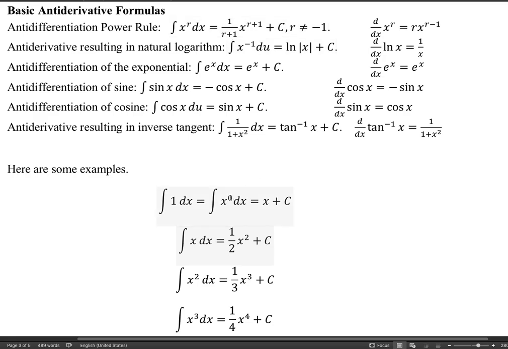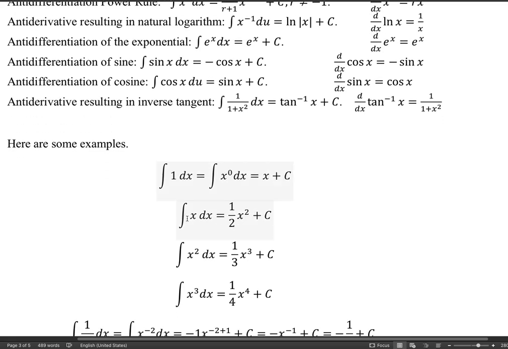Increase this power 0 by 1, that's x to the 1. The reciprocal of the new power still is 1. So simply put, antiderivative of 1 is x. And don't forget the arbitrary constant. From now on, I may not mention the arbitrary constant explicitly in the end, but you want to know there is always an arbitrary constant for any antiderivative.